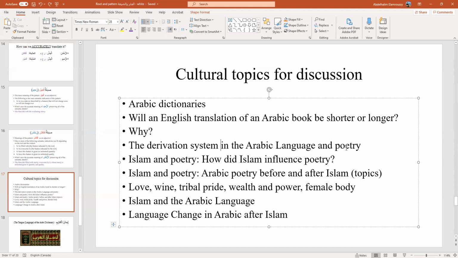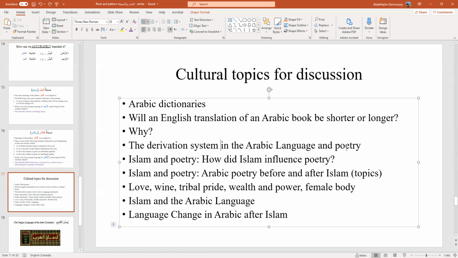And it was normal to find pieces of poetry that are incomparable to today's Arabic poetry, and definitely to poetry in many other languages.